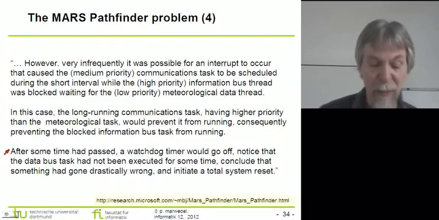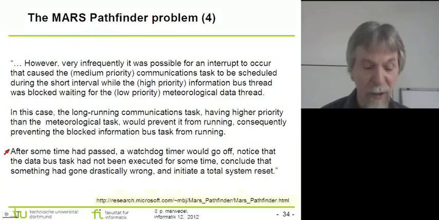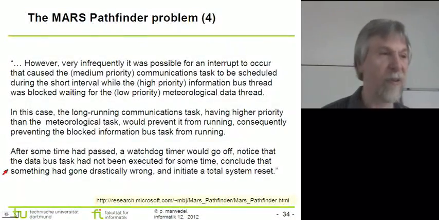After some time had passed, a watchdog timer would go off, notice that the data bus task had not been executed for some time, conclude that something had gone drastically wrong, and initiate a total system reset.